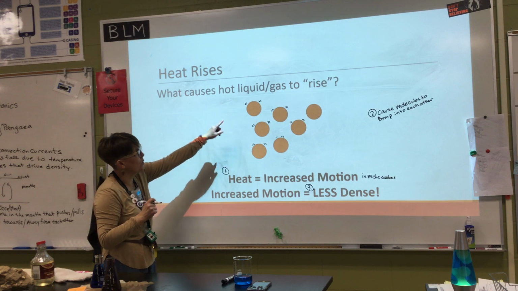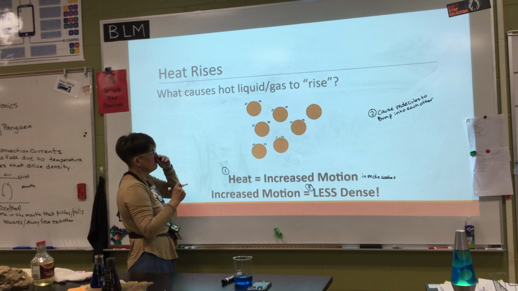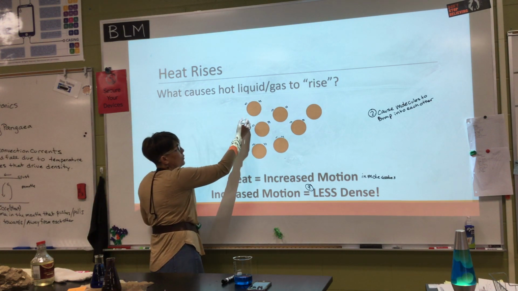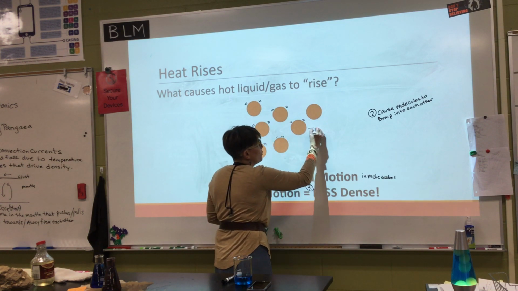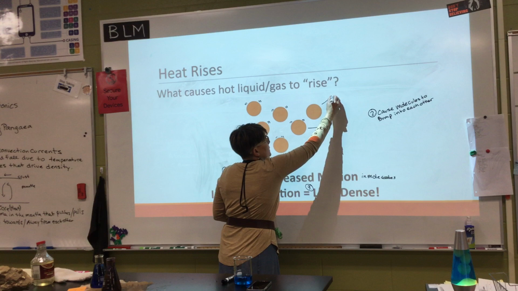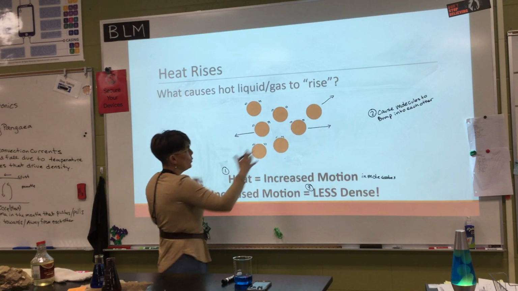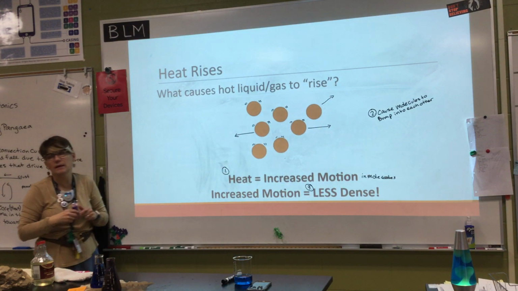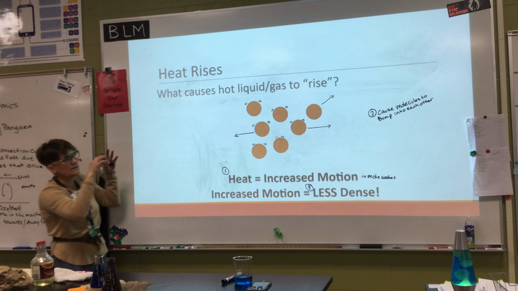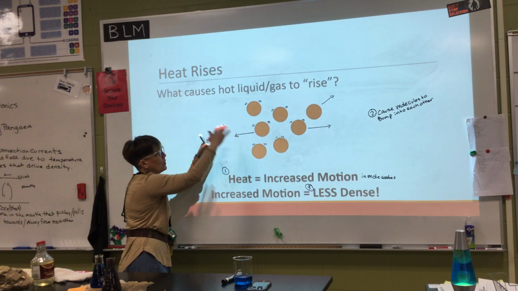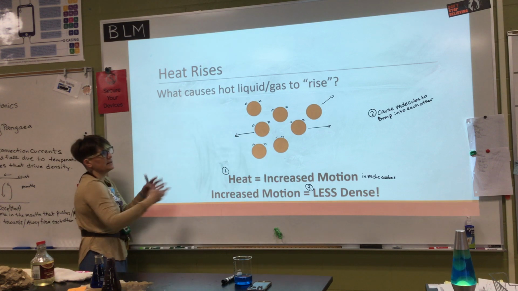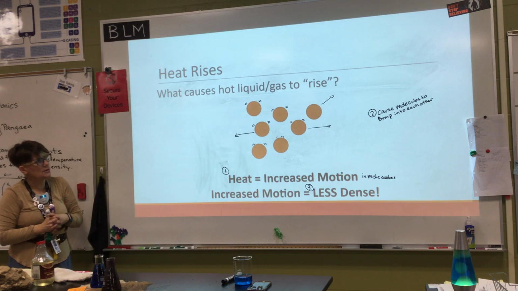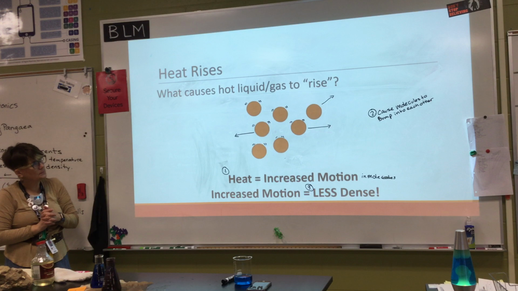I don't expect you to draw 1, 2, 3, 4, 5, 6, 7 circles. And then these are going to be bumping into each other and then flying away, right? They're going to be spreading out. When this mass spreads away from each other, it causes it to be less dense. And then this certain section of the fluid or air, whatever it is, is going to rise up through the more dense area around it. Just like a hot air balloon.